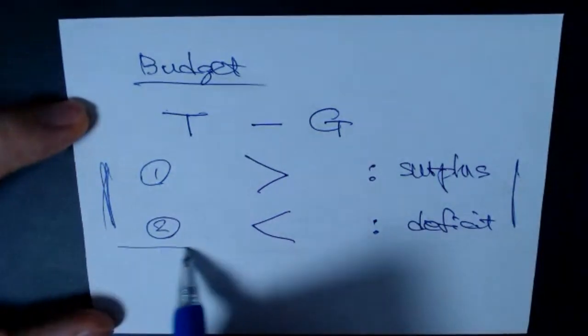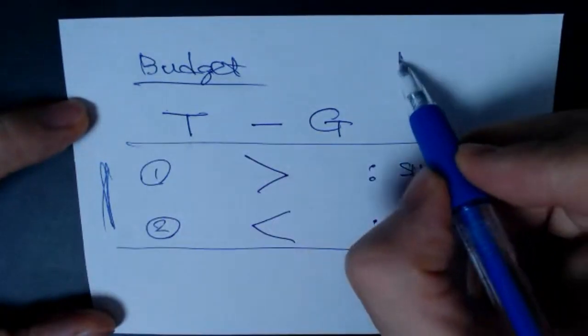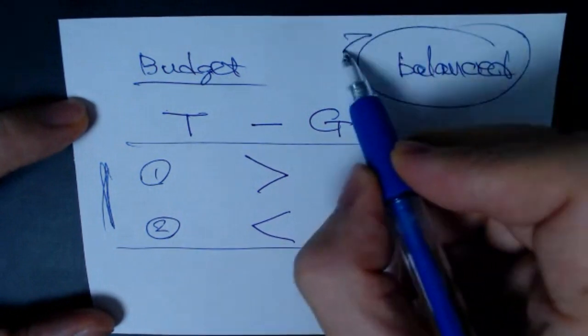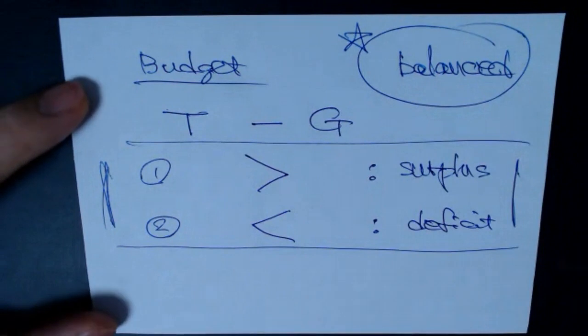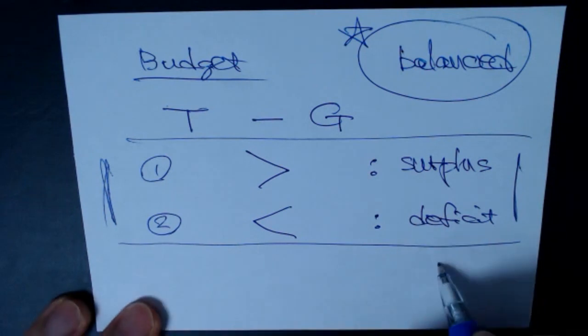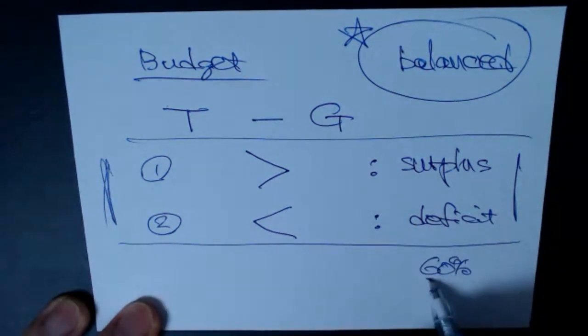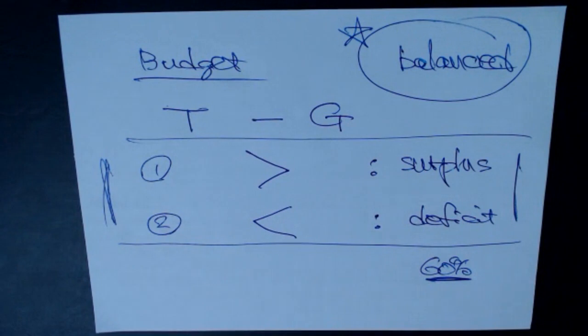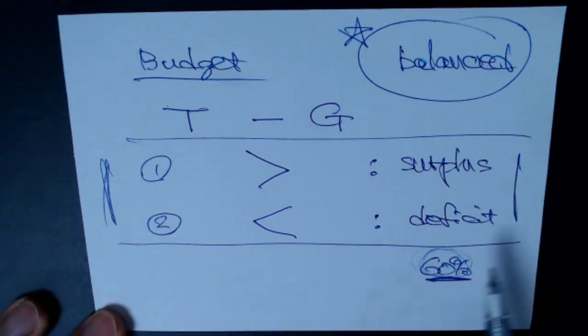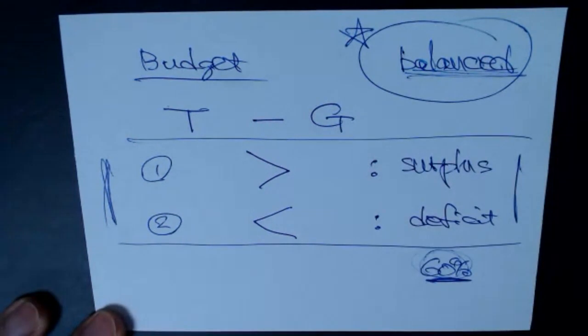Many countries want to have a balanced budget. I think I read a news article a few days ago. The Vietnamese government has decided that for the next 5 years the government budget deficit cannot be greater than 60% of GDP. So each country has such kind of condition because they want to keep the balance.